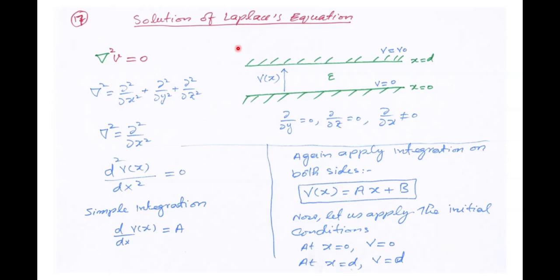Once we get the charge distribution, then we can easily define the capacitance of the structure. So in order to learn about the application of Laplace equation, let us consider a parallel plate capacitor.